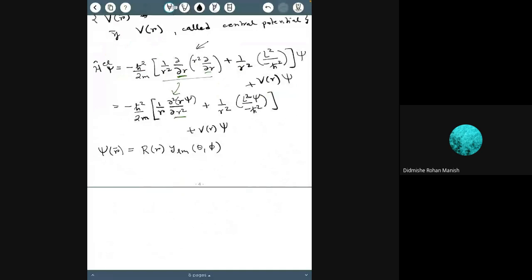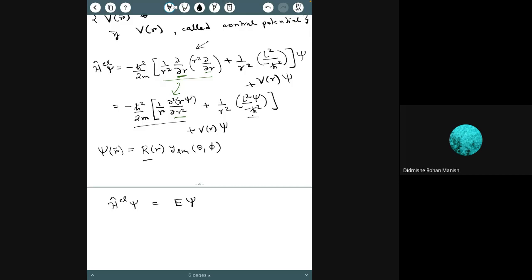And you can see that when I substitute this into the Schrodinger equation, something very nice will happen. This first term depends only on r, so it will only act on the capital R. The angular part will just remain as it is.